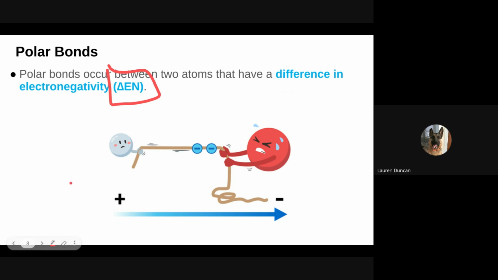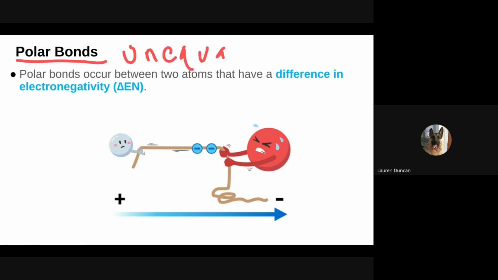If you have two atoms that are going to bond together, particularly atoms of different elements, usually there is some difference in their ability to attract a bonding pair of electrons. There is usually some difference in their electronegativity values, meaning one atom is a better electron attractor than the other. So in a polar bond, the sharing of the bonding pair of electrons between the two atoms is unequal.